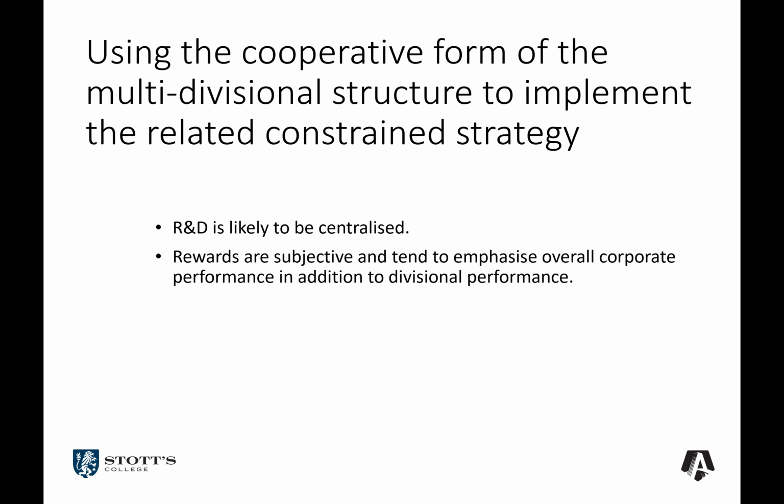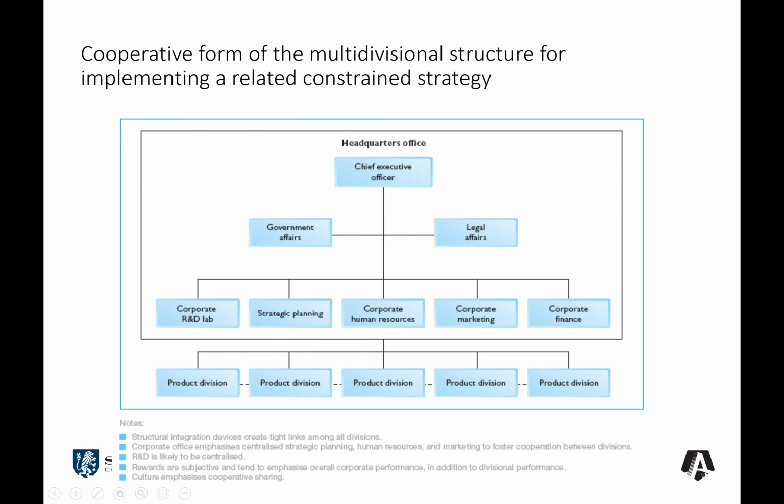In the cooperative form, R&D and normally marketing are centralised and rewards are subjective and tend to emphasise cooperation between the different components and the overall corporate performance rather than just the individual divisional performance. So this is an example of a cooperative structure.